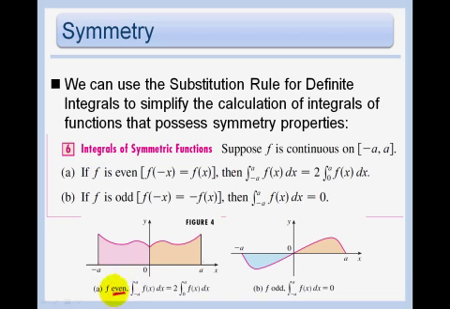If it's even, then we have symmetry over the y-axis. If it's odd, this one's really helpful. The integral from negative a to a, when odd, you know that f of negative x equals negative f of x. So everything that was up here is down there. And so the integral from negative a to a is just going to be 0. Because everything that was up here gets canceled out by the symmetry over there.